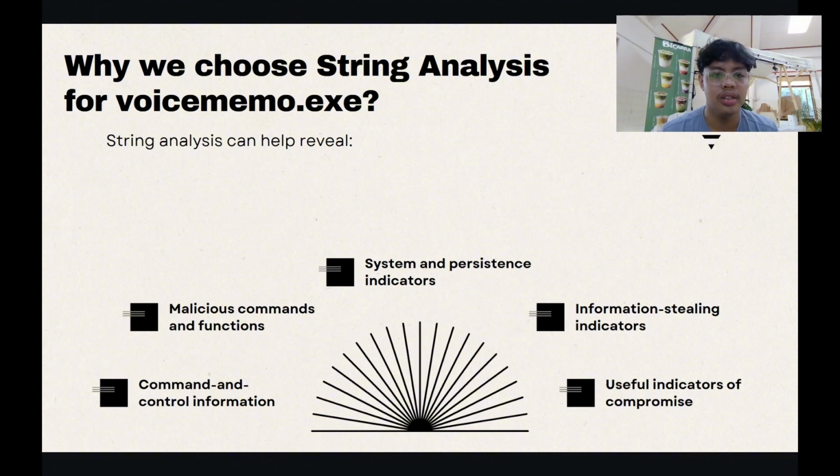Also, this analysis can help us reveal the system and persistence indicators. The malware may contain registry paths, file paths, startup locations, scheduled task names, or mutex values used to remain active after the computer restarts.